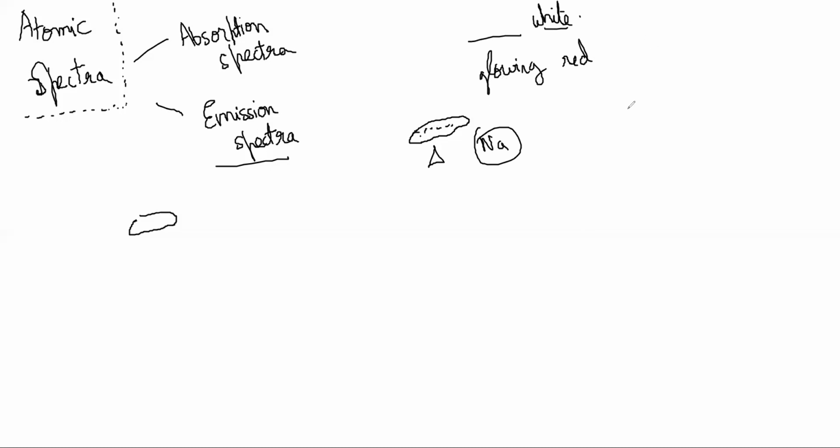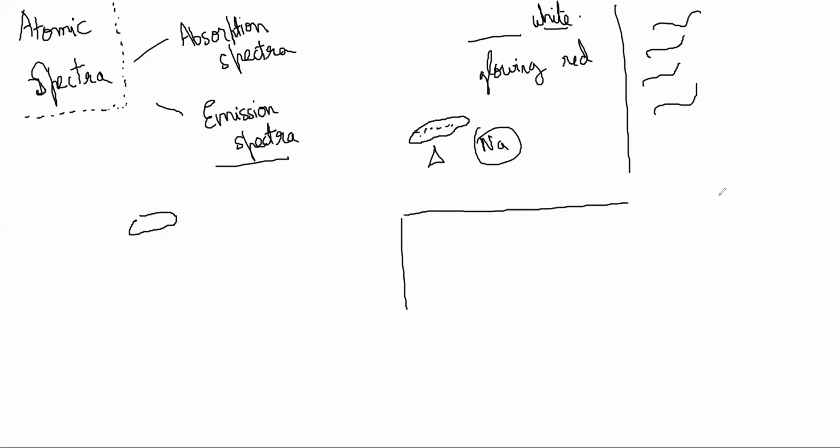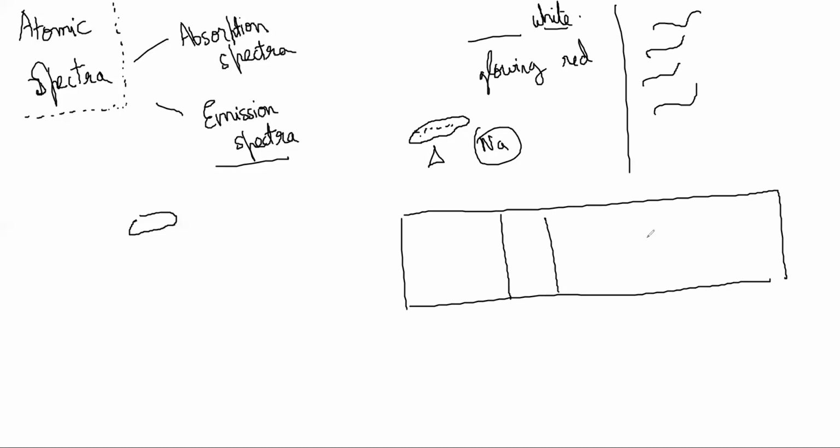And people observed that the wavelengths of light being emitted by that sodium follow a certain sequence of wavelengths. What they saw was sodium is only emitting a certain set of lines. So suppose this is 312 nanometer, this is 450 nanometer, this is 600 nanometer, this is 718 nanometer, whatever.